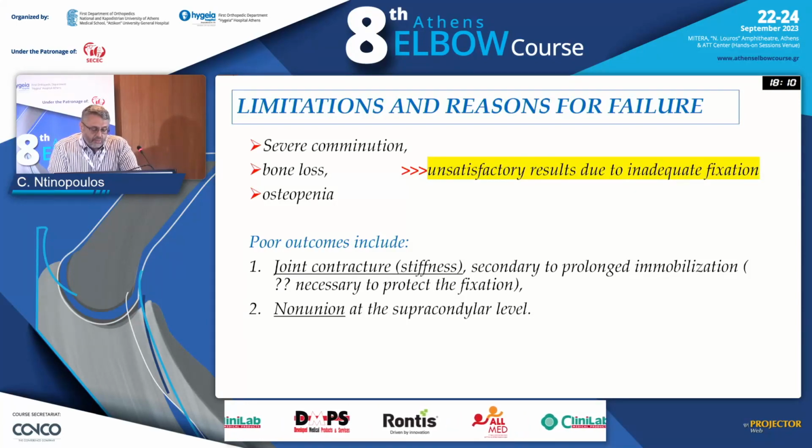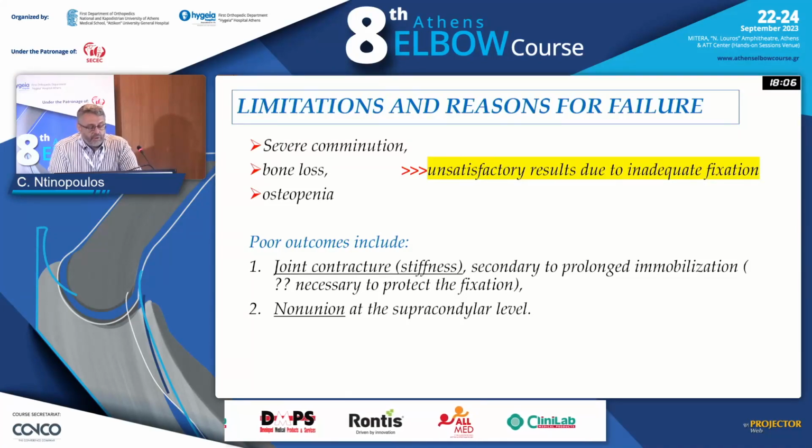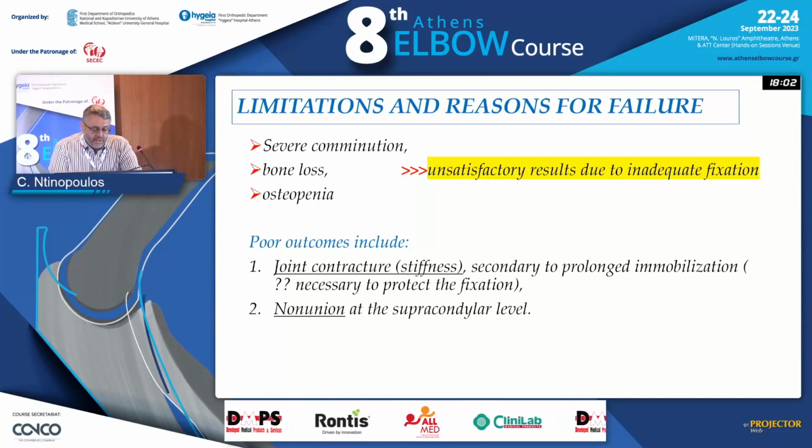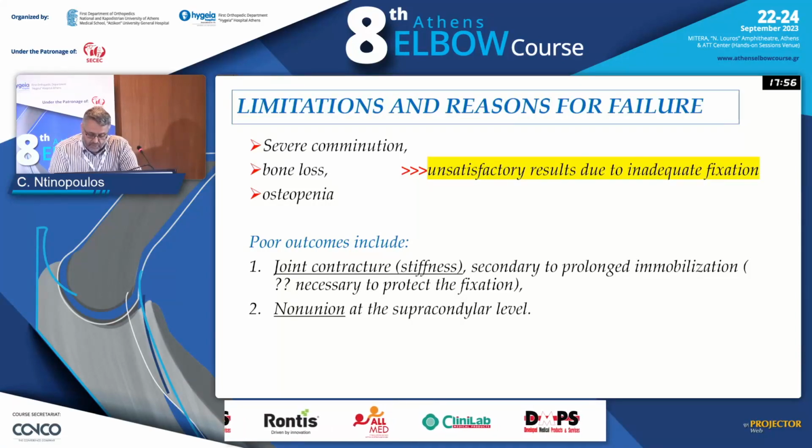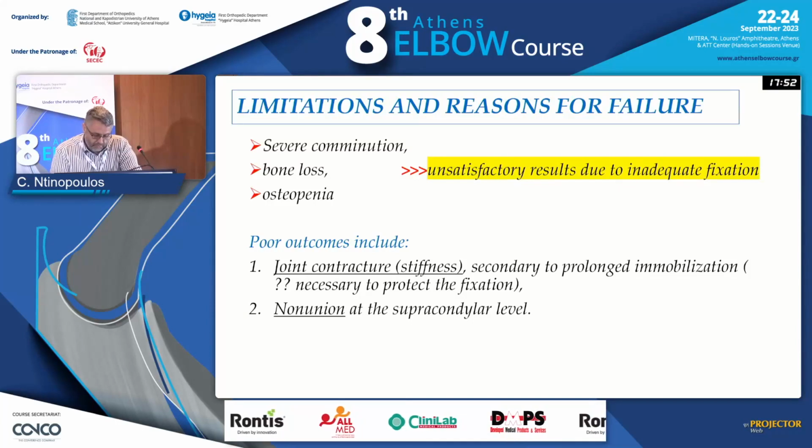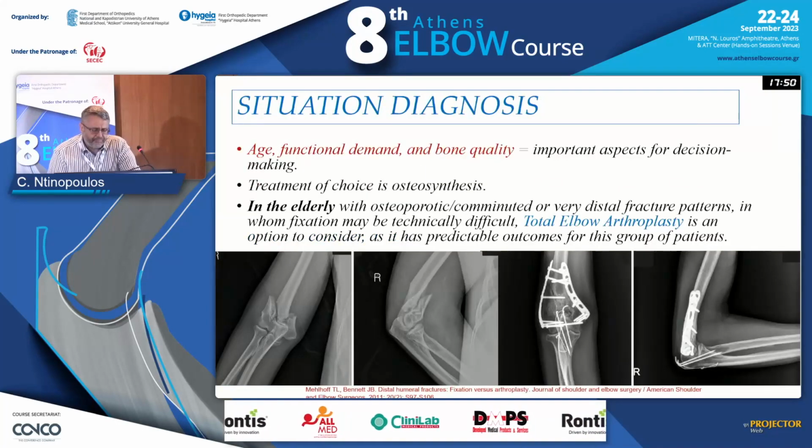The poor outcomes include mainly stiffness, secondary to prolonged immobilization, which is necessary to protect the unstable fixation, and nonunion at the supracondylar area, usually due to comminution and poor biology of the area.